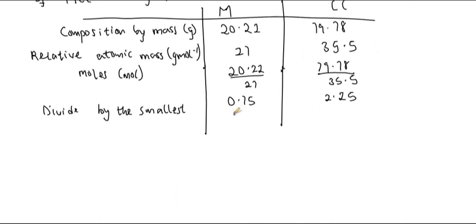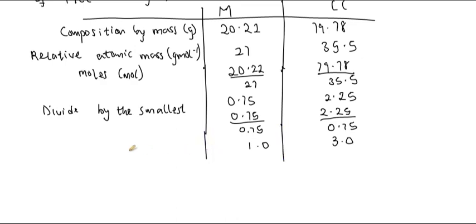So I have 0.75 divided by 0.75, I have 2.25 divided by 0.75. Dividing this, I have 1.0 and here I have 3.0. Which should be serving as the simplest ratio in which they are combining.